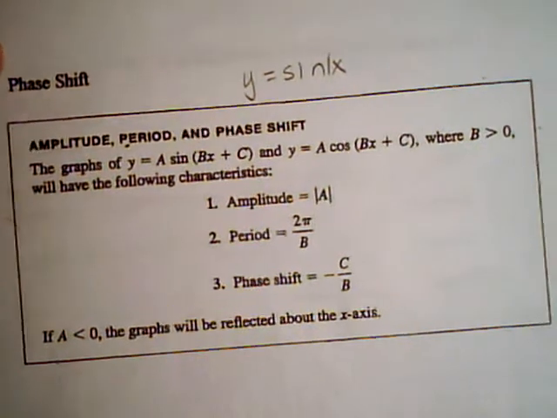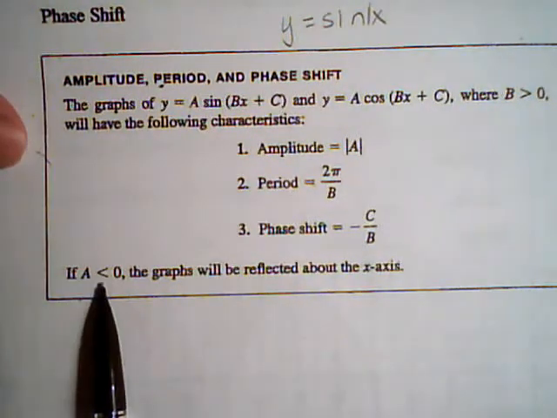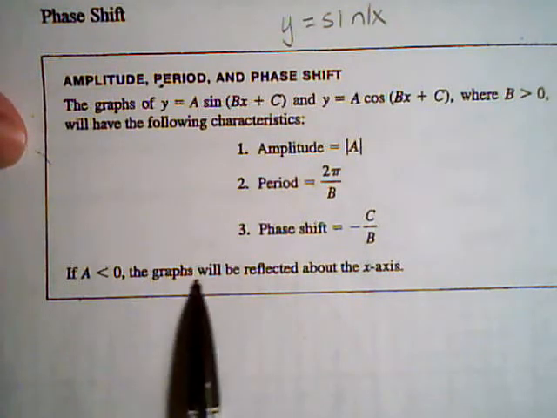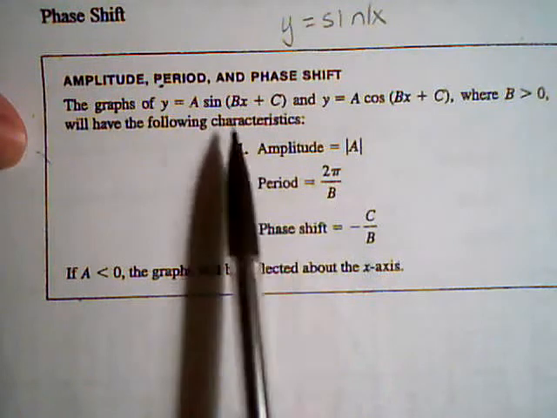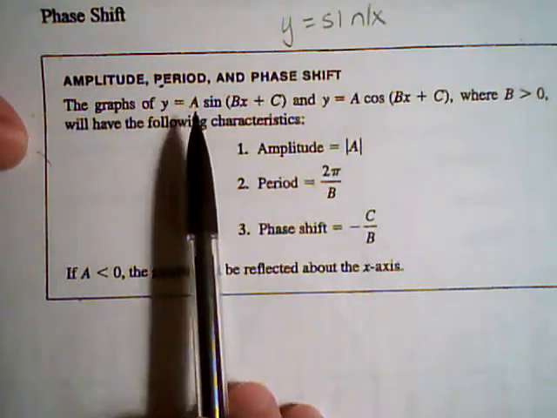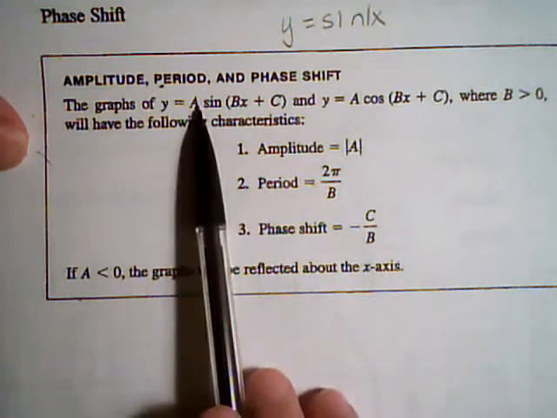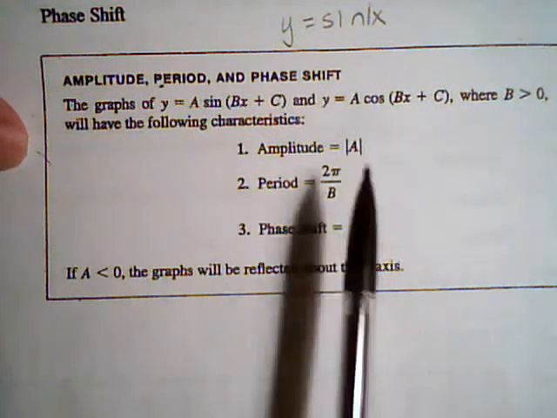But for some of the equations that you see, there will be. And then it says if a is less than 0, the graphs will be reflected about the x-axis. Okay, so that means if we have a negative coefficient here, then our graph will be a reflection, but the amplitude is still the absolute value, still the positive value there.